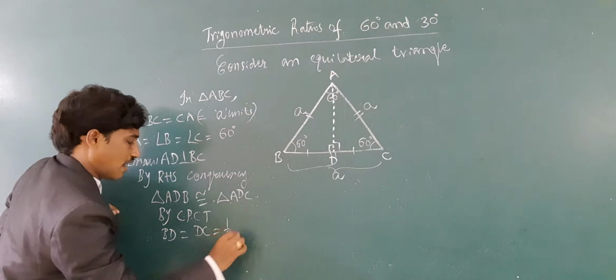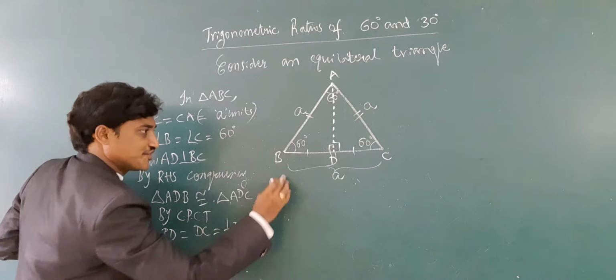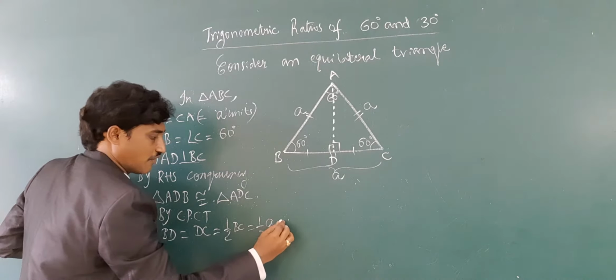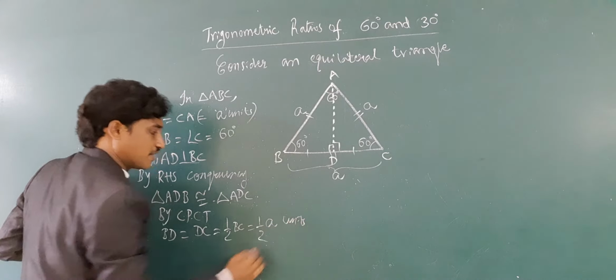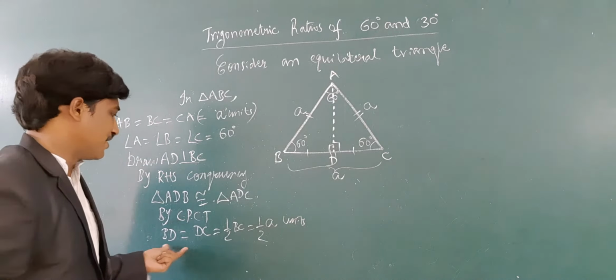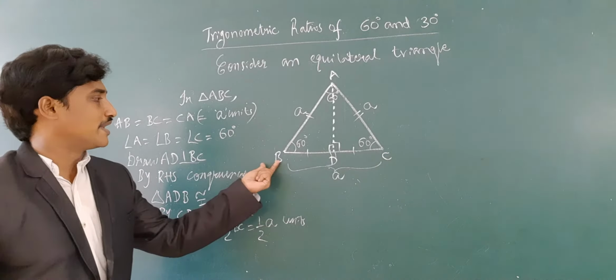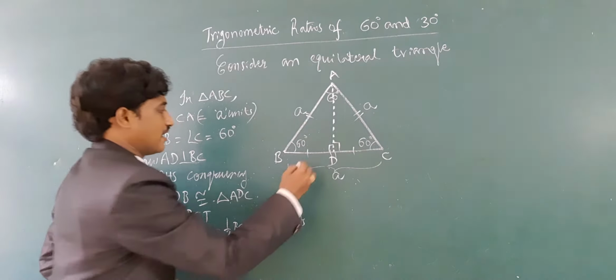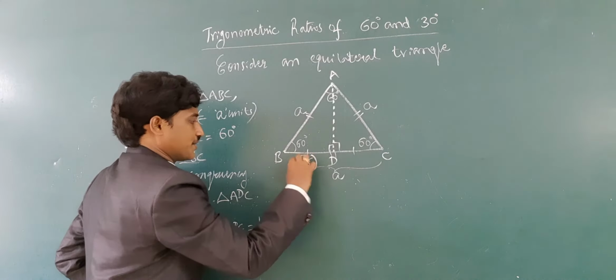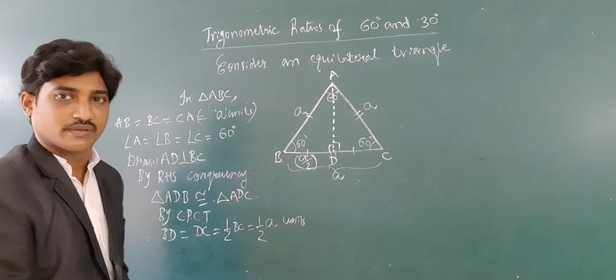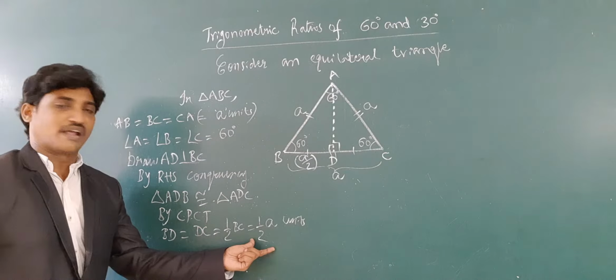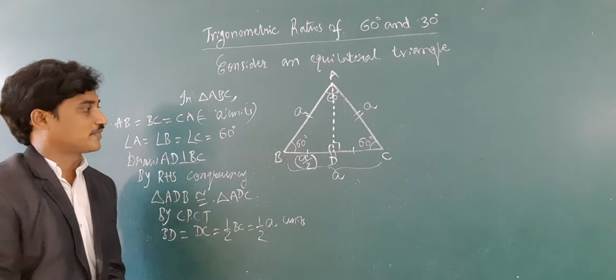The length of BC is A units, so BD is half of A, that is A by 2 units.